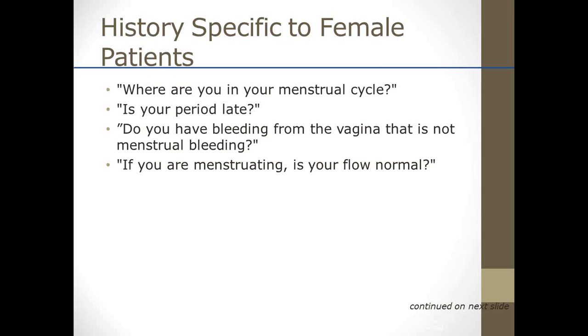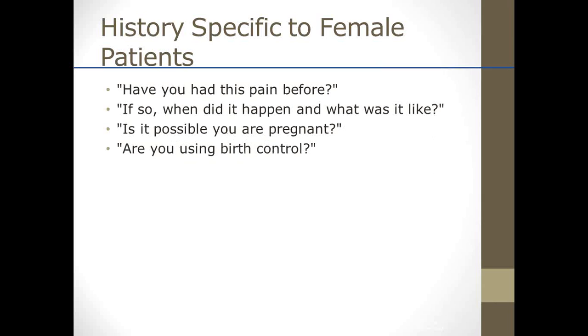Have you been bleeding from your vagina, something that isn't menstrual bleeding? And if you are menstruating, is it a normal flow? Is this normal for you, or is there something abnormal about this? So all of our patients, we want to ask, have you had this pain before?